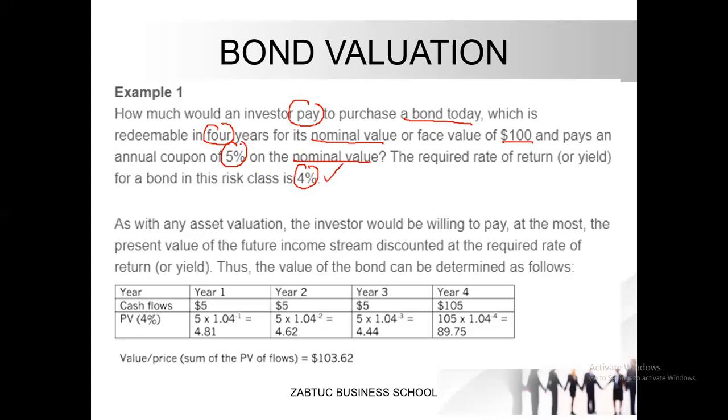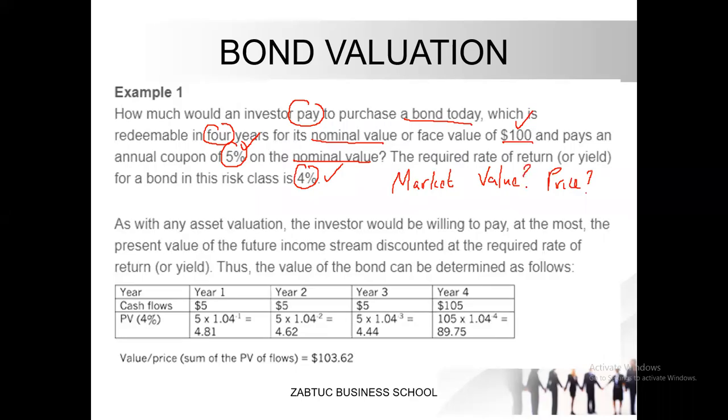You've got your cash flows determined by that coupon rate, and you've got the nominal value on which the interest is paid. So what have we said again? How much would an investor pay? In other words, what is the market value? What is the price? That's what we are asking for.